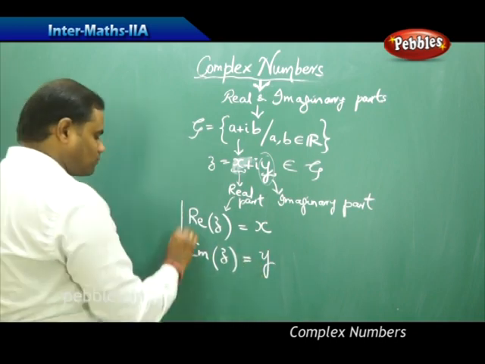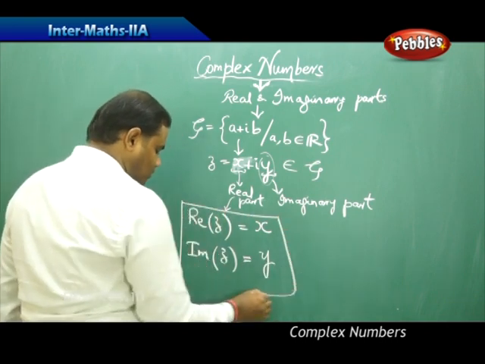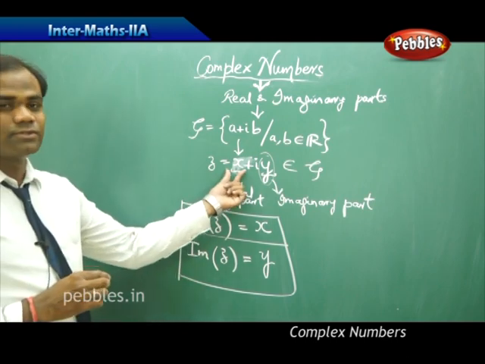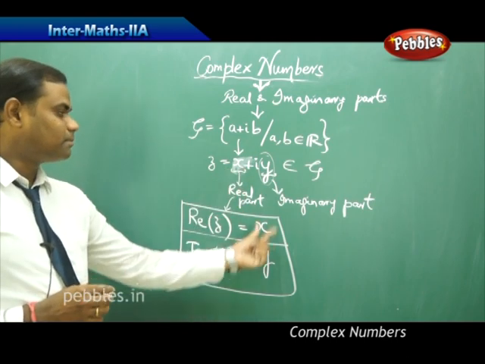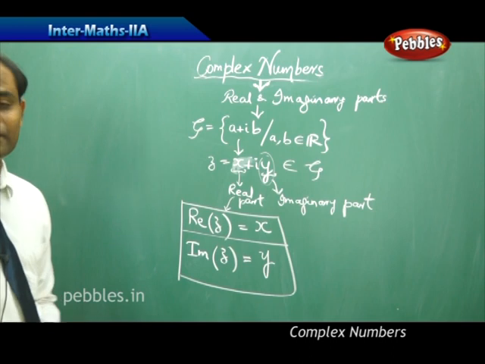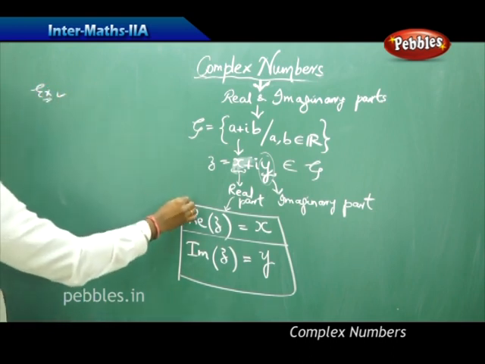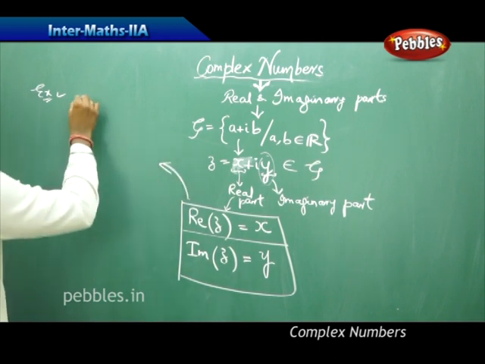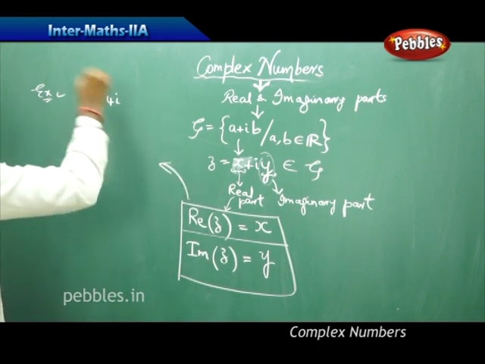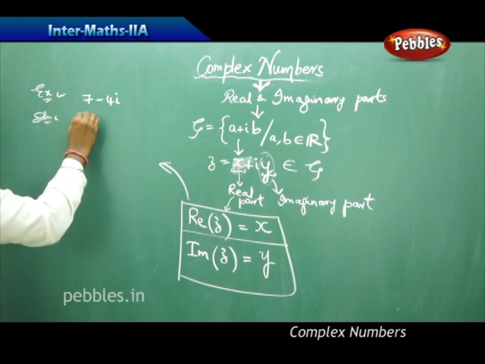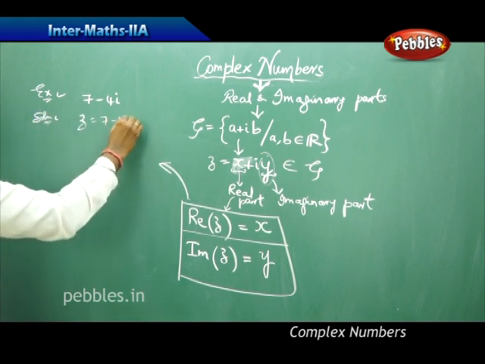So these are the basic formulae which I take in a complex number. The real part is the one which is not associated with i, and the imaginary part is the one which is associated with i. Say for example, I take z is equal to 7 minus 4i.